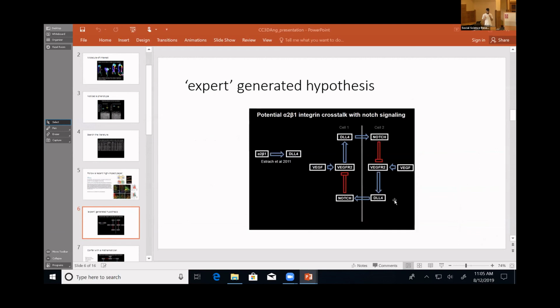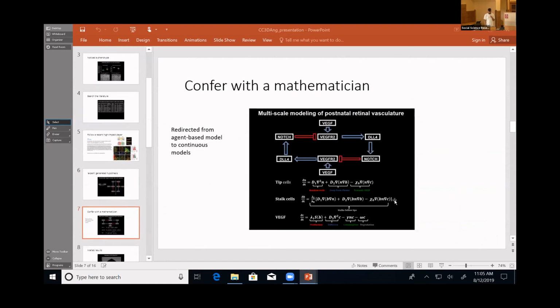At that time, recent experimental data from the zebrafish system had suggested that our molecule of interest, alpha-2 beta-1 integrin, was an upregulator of delta-like 4, which is part of the delta-notch signaling system that had just been implicated in tip-stalk signaling. So we conferred with a mathematician about how we could model that.